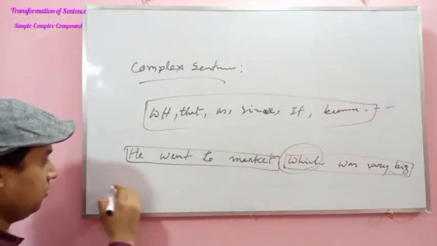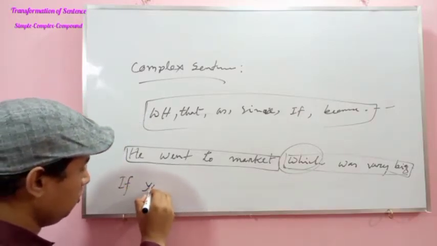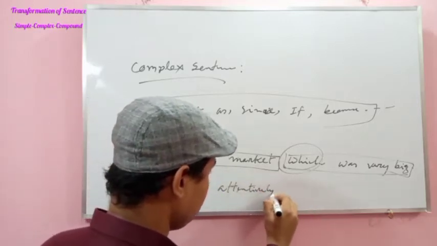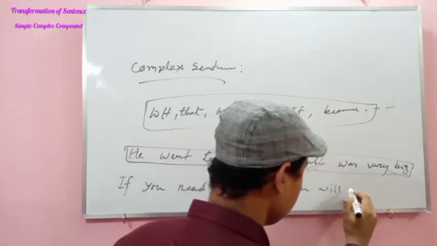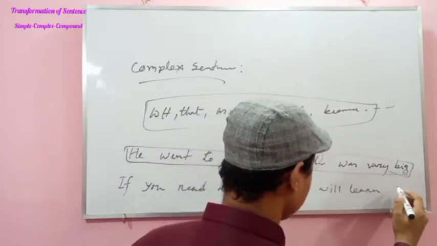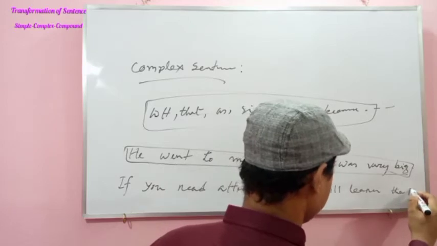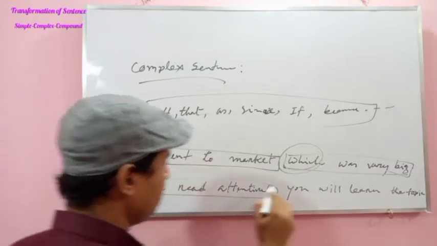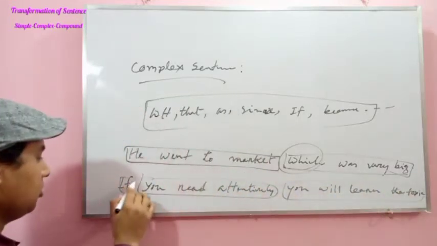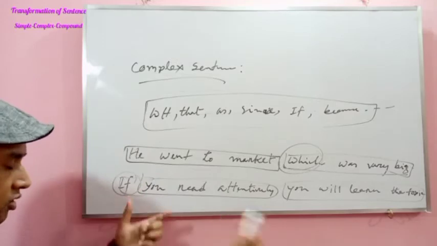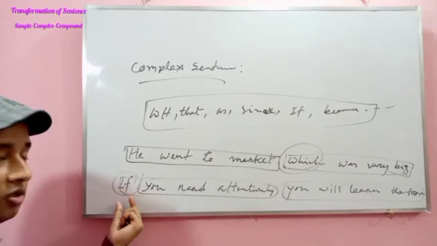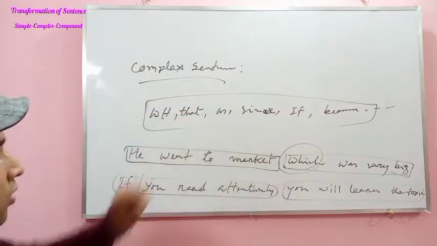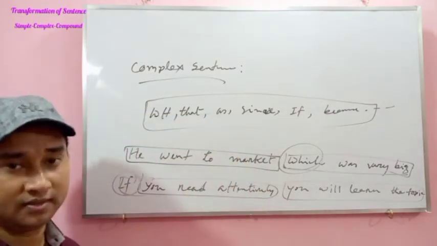I will give another example. If you read attentively, you will learn the topic. This is a clause and this is another clause. These two clauses are connected with the conjunction if. These subordinate conjunctions are used to link the two clauses of a complex sentence.